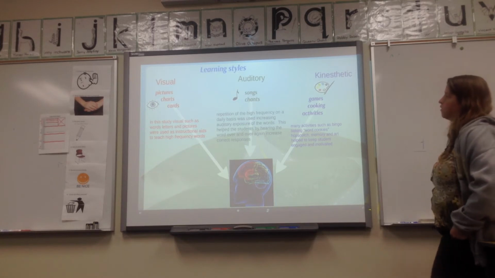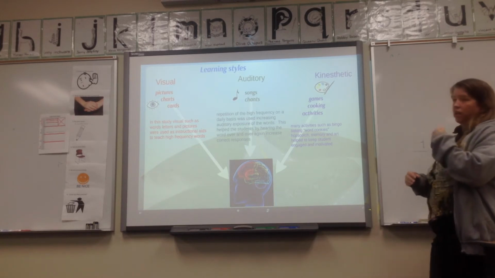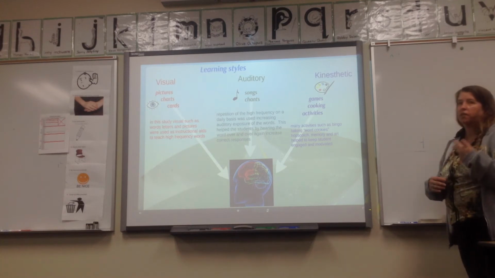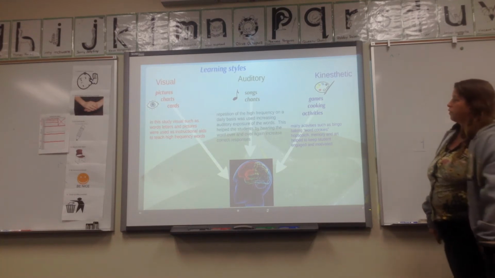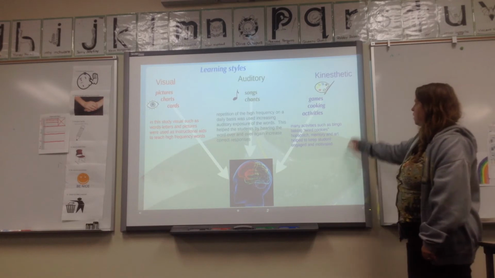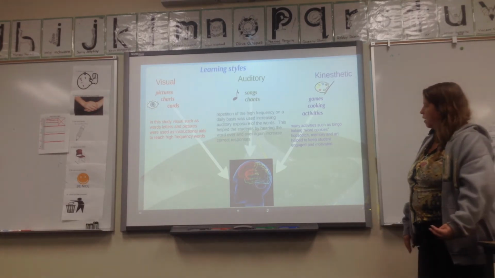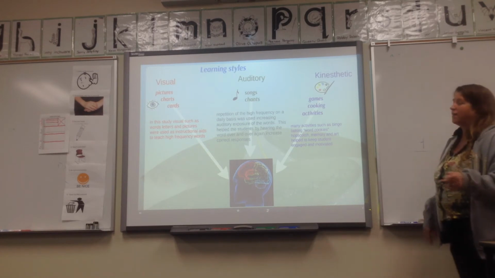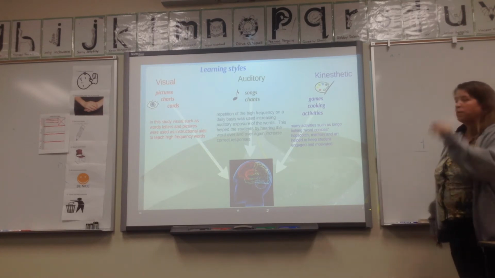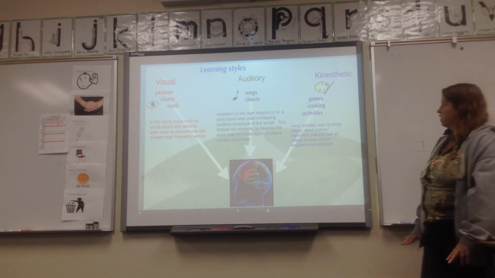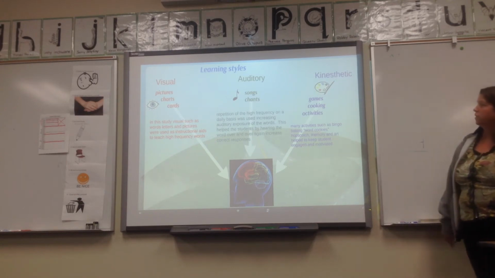For my study, I used just the daily exposure to hearing the words the, you, of, is, those types of high-frequency words. And the kinesthetic, we used games, bingo, hopscotch, cooking. We made word cookies and pudding, art, any of those types of skills.